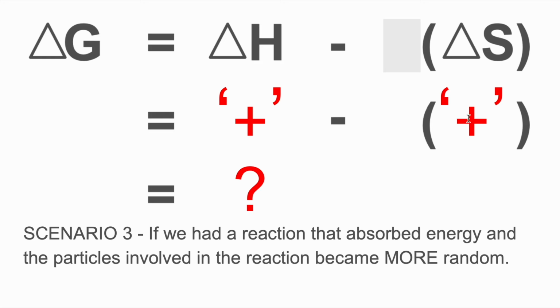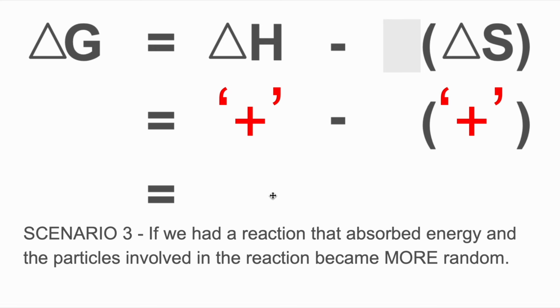It would depend upon the values that we have for our delta S and our delta H. So in this case, if we had a very large delta H that was very positive, and we subtracted a delta S from it that was not as large, we would have an overall positive value.